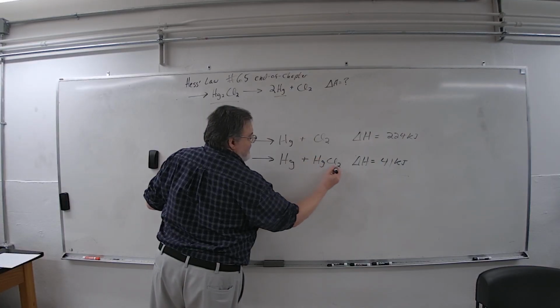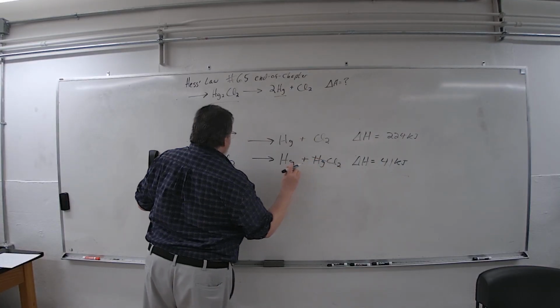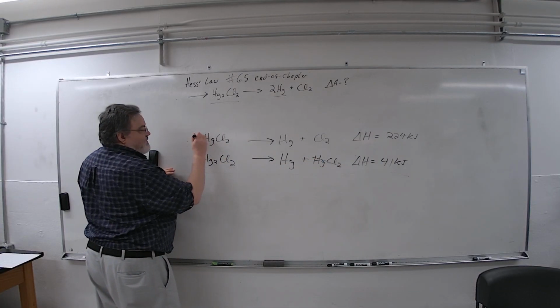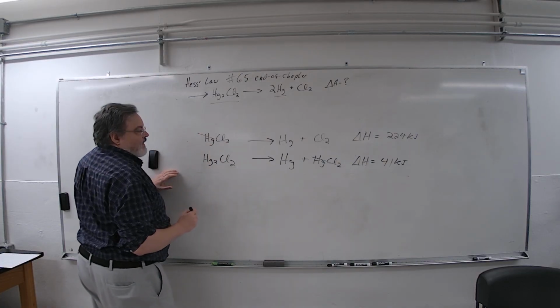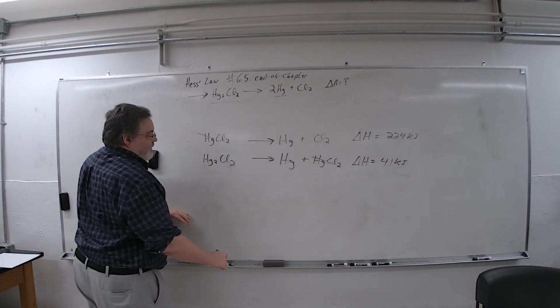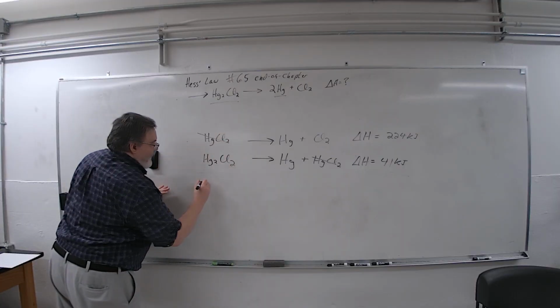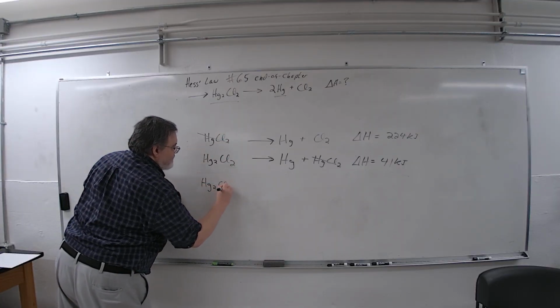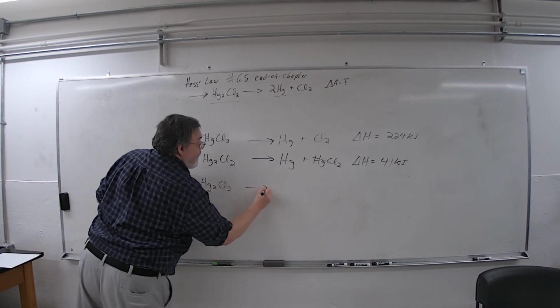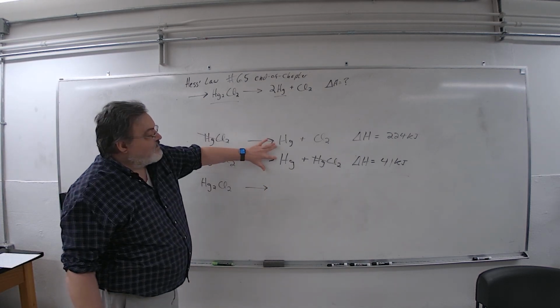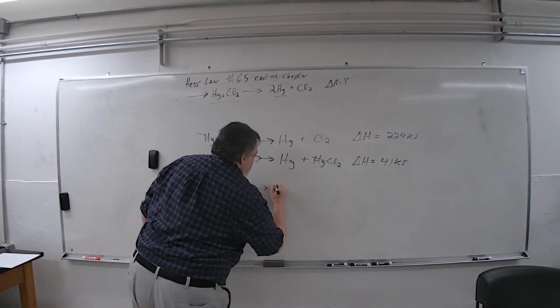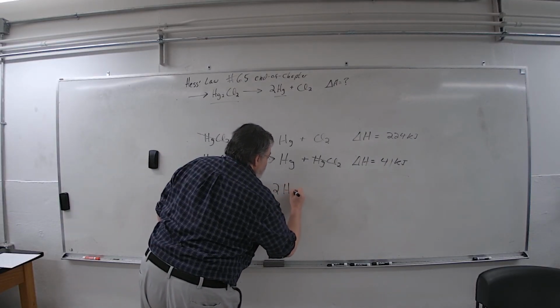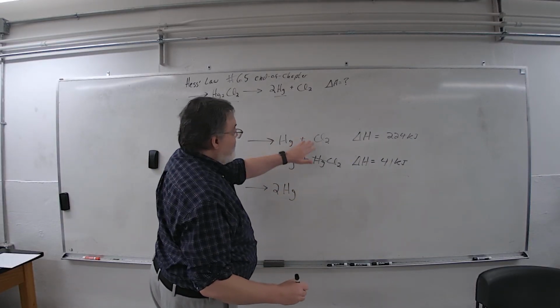So HgCl2, and there's only one of them, those will cancel, and I can just bring everything else down. So on the left side I have Hg2Cl2. On the right side I have 2 Hg's, so I'm going to write 2 Hg. And what do I have left? Cl2.